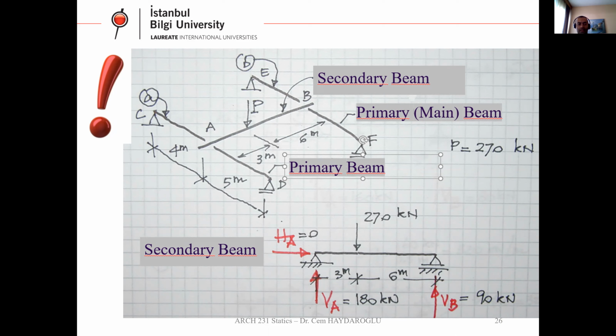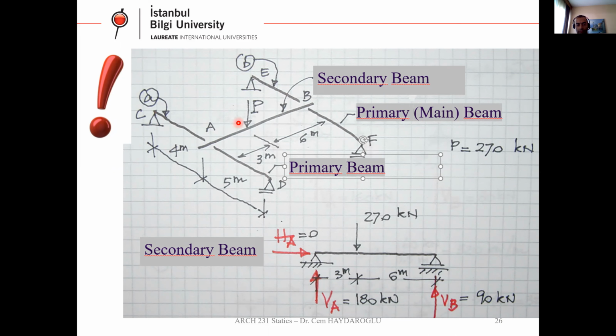Here, as you can see, a beam system. We have 2 beams here. Between 2 beams, we have 1 more beam. We have a beam system.